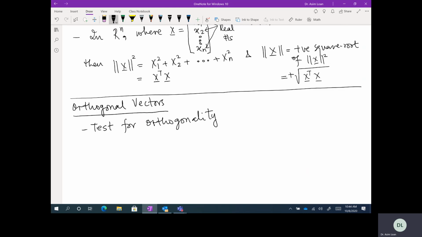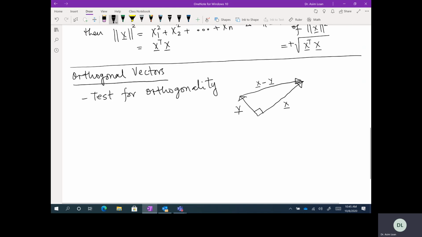The test for orthogonality is like this. We have this head to tail rule. So this is some vector y, this is at right angles, some vector x, and this one by head to tail rule is x minus y, right? So x minus y plus y would give me x.